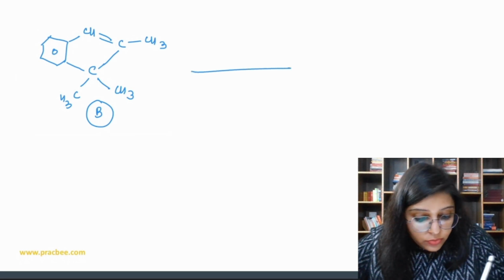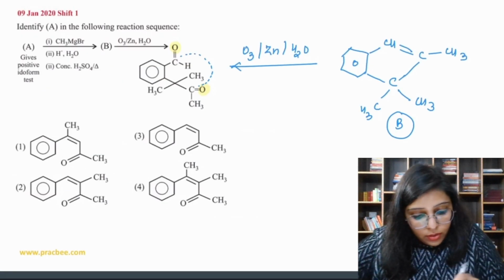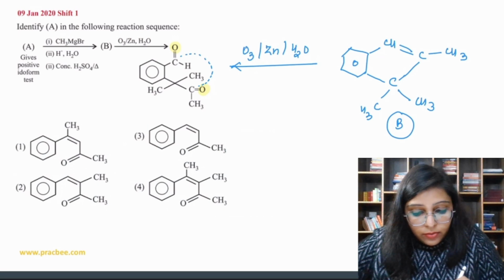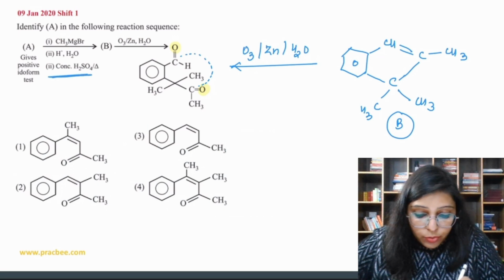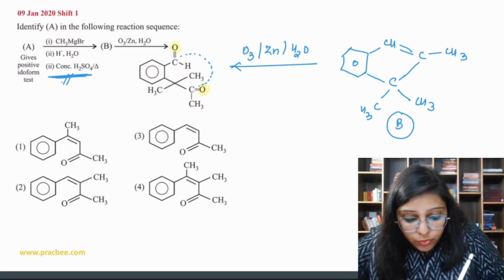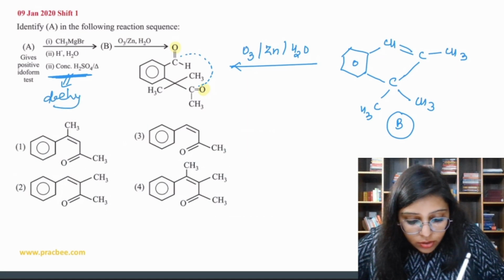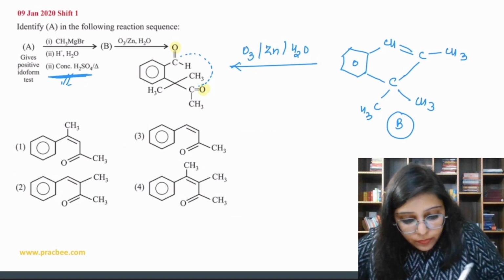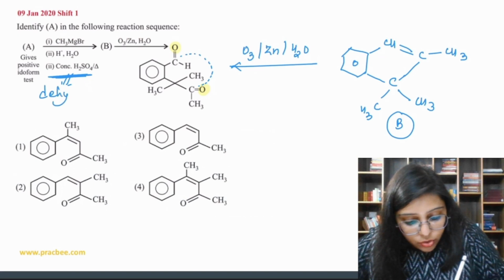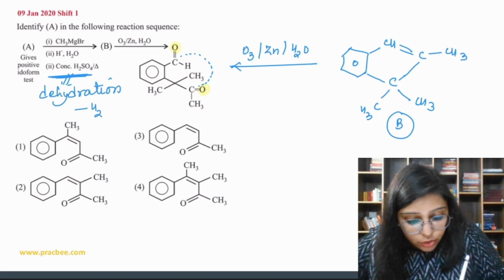Now this B is formed from A, but the first step is concentrated H2SO4. So concentrated H2SO4 means dehydration. It means we must remove H2O, and for that OH should be present.